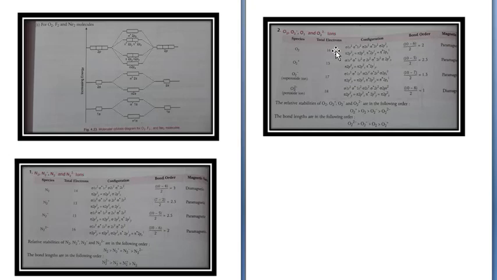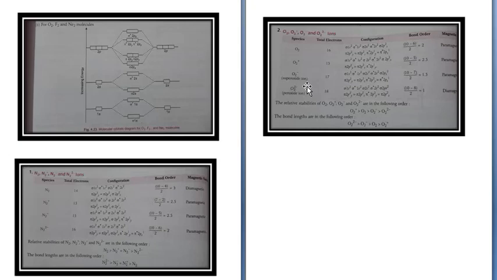Next we come to the O2 minus ion, that is the superoxide ion. In this, one electron has been gained, so the total number of electrons becomes 17. Out of 17, 10 are in bonding.